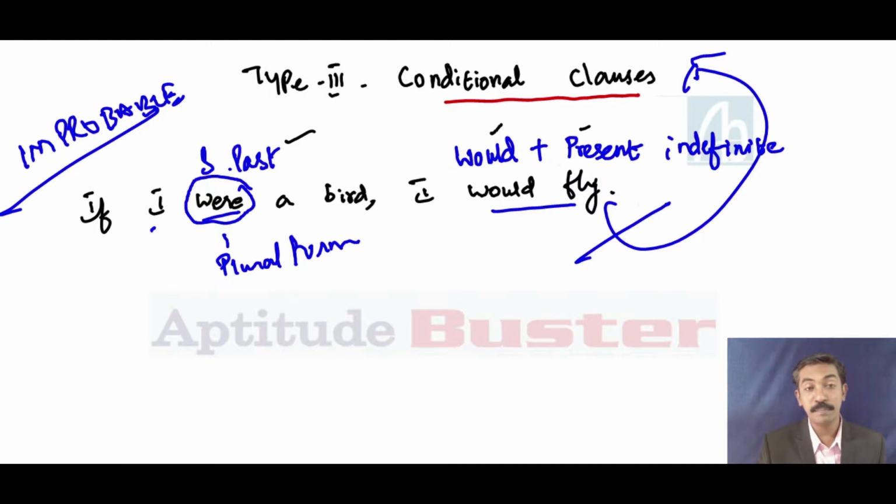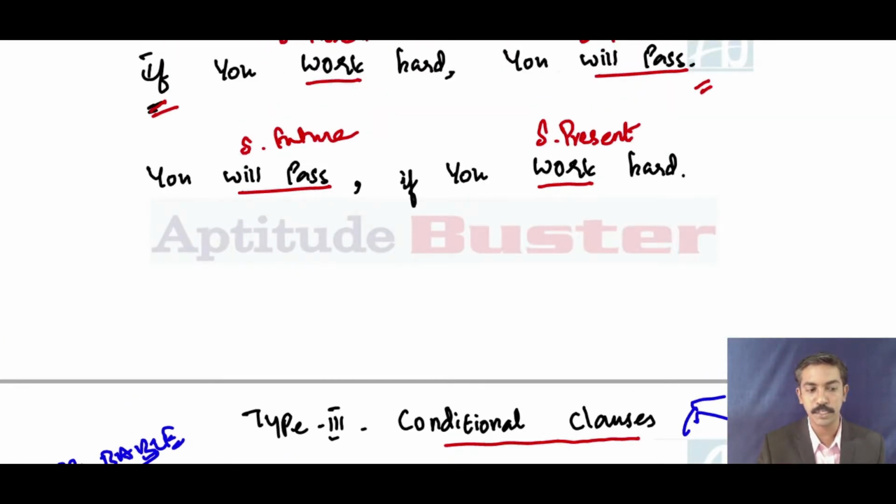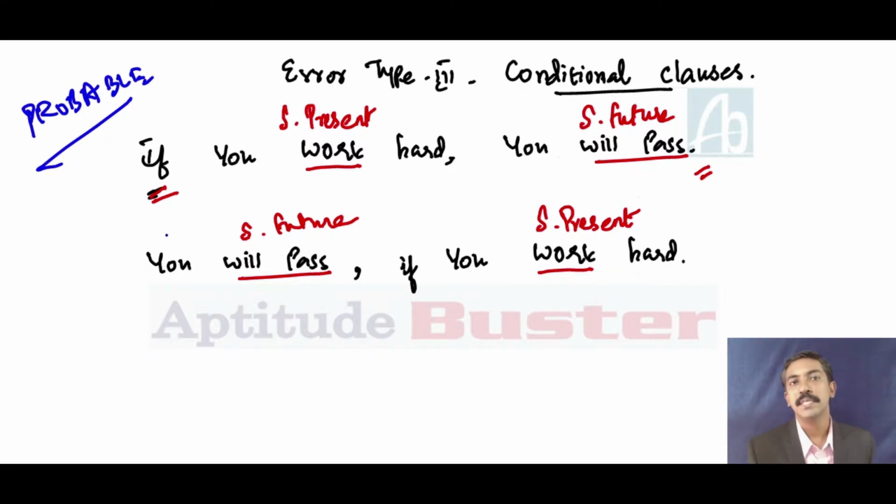If you look at the previous example, you can easily understand condition classes much better. First case is called probable condition. When I call this probable condition, that moment itself, it would make you understand the logic why I call it probable condition.